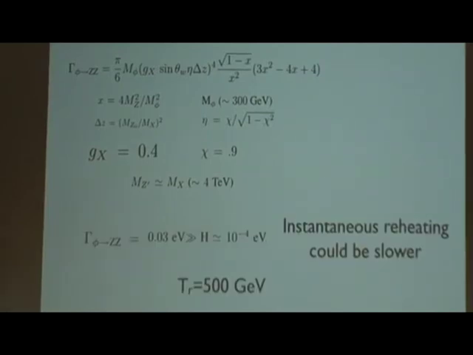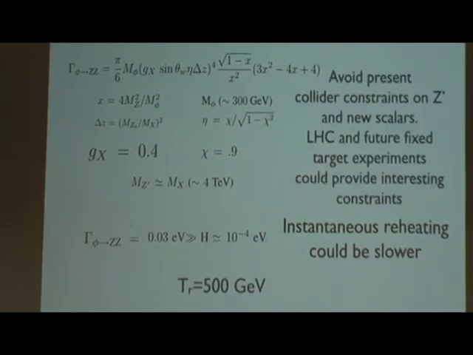And if you put in some reasonable parameters that I used before, you find that the universe instantaneously reheats. Something you usually don't have to worry about in inflationary models is avoiding collider constraints from the LHC. But with the parameters chosen for the time being, one should be able to avoid the constraints coming from Z prime searches.